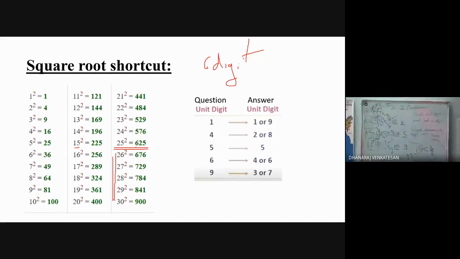Okay, I'll try to repeat this sum again. Where's the tester?